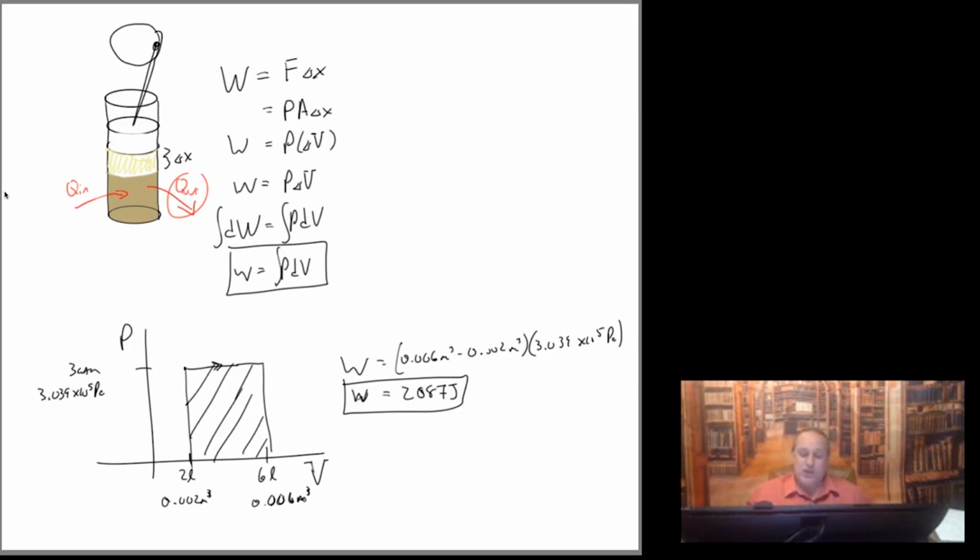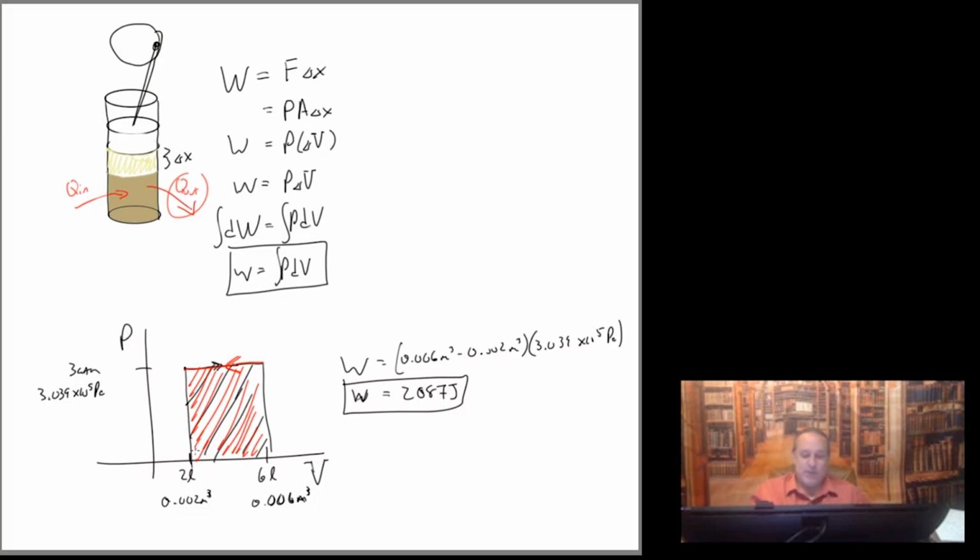Now we could just crank it back, push it back. If I push it back, then it requires an amount of work equal to 2,087 joules. And I didn't really get anything out of that. It doesn't do me any good.